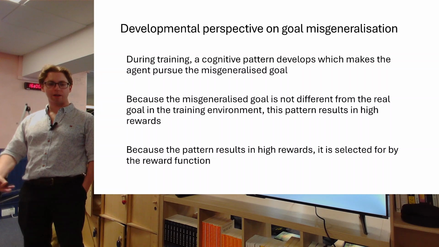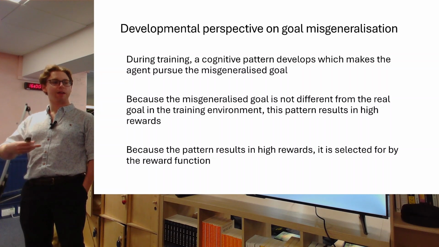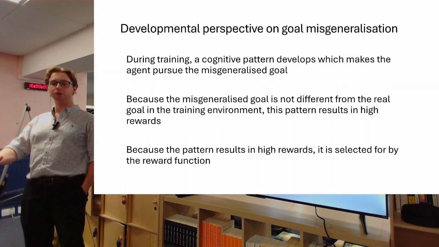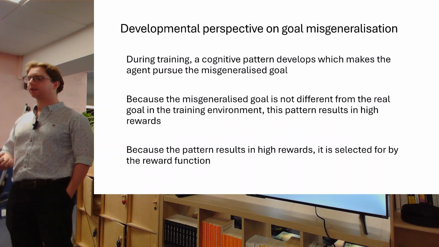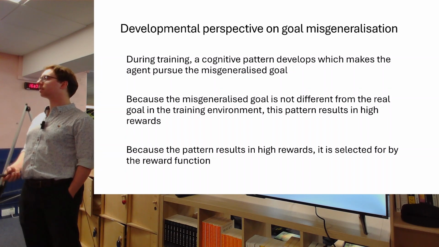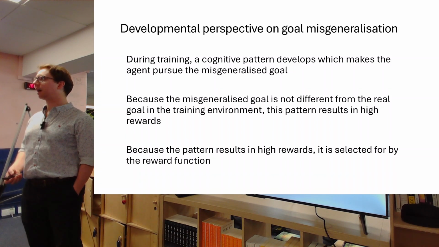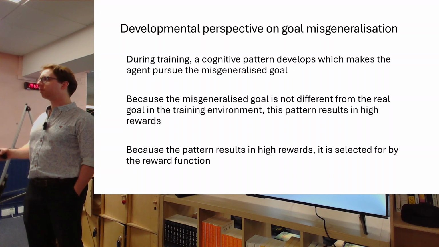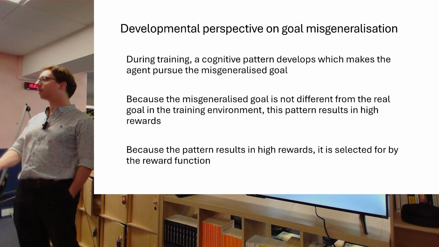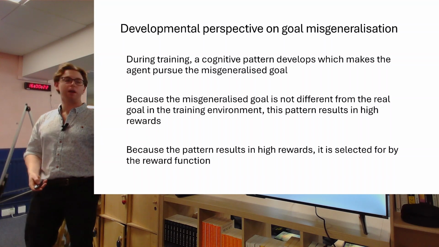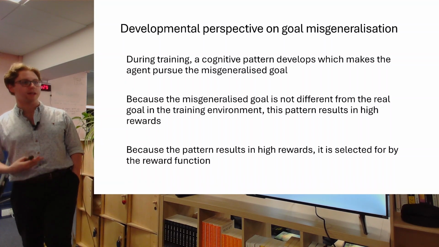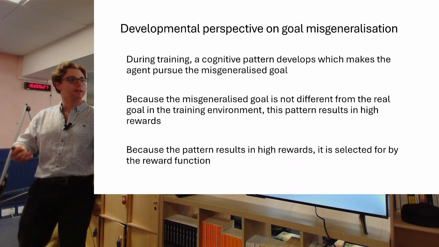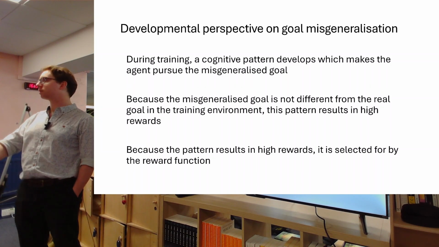It's a technical term, and it's not meant to denote anything about the metaphysical status of these things. It's not meant to imply that they have cognitive faculties or whatever. They're just neural networks, but the term we use to describe them is a reinforcement learning agent. But in the case of goal misgeneralization, I think it is correct to think of them as having a goal of some kind.